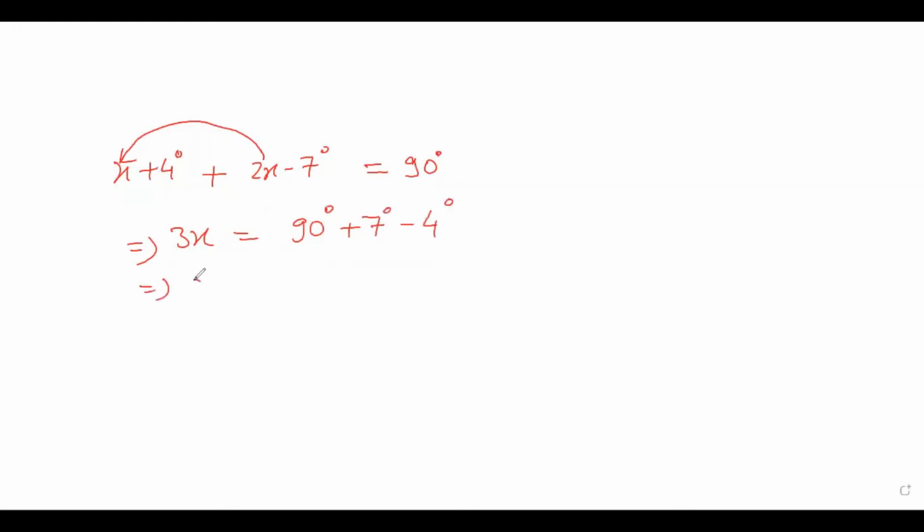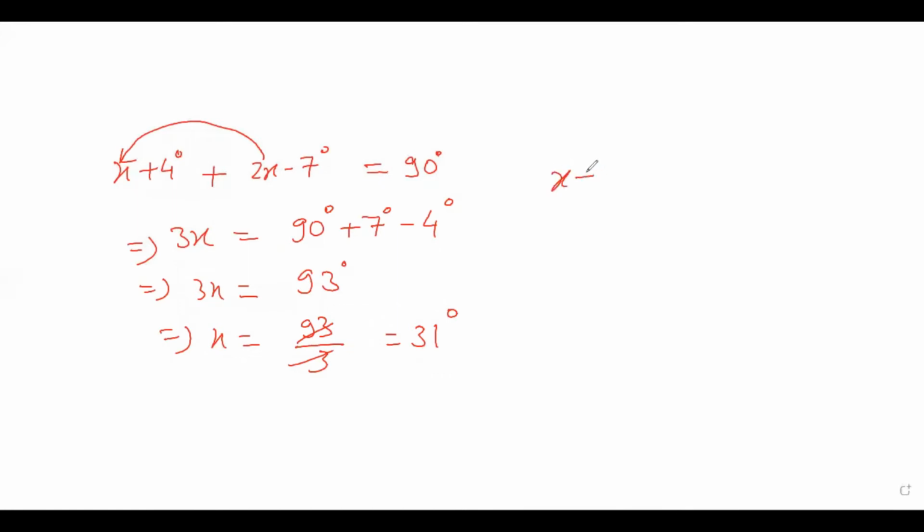So we will get 3x is equal to 93 degrees, or x is equal to 93 by 3, that means 31 degrees. So you have to find the value of the angles.